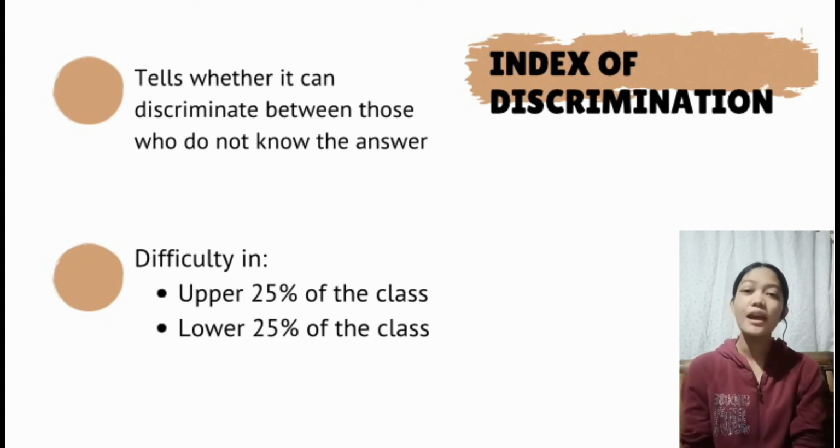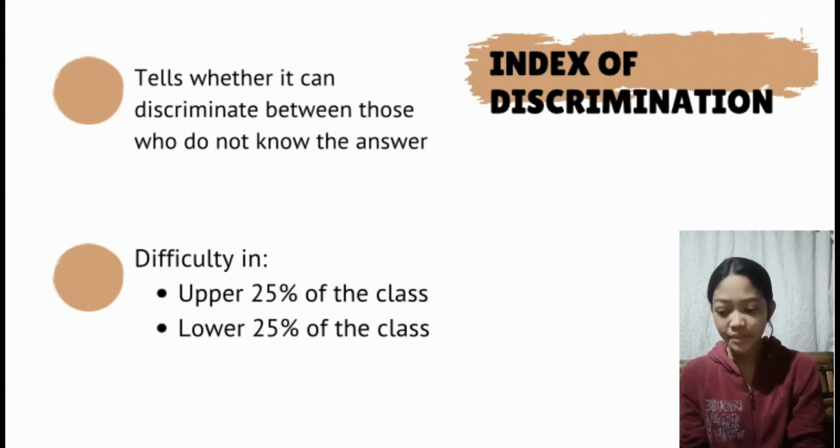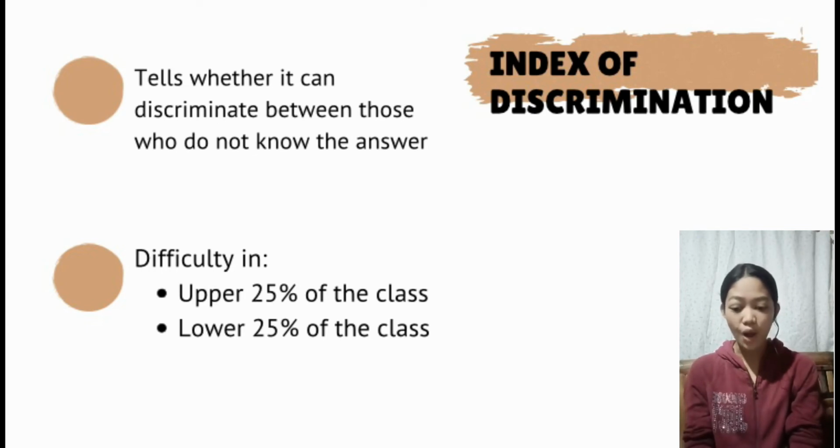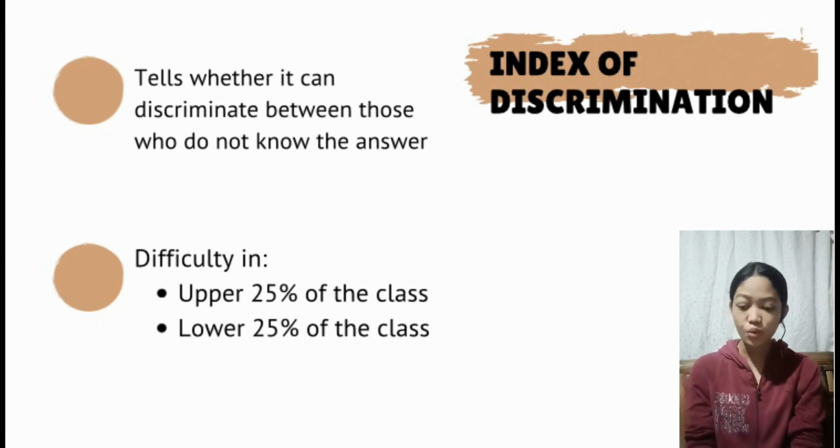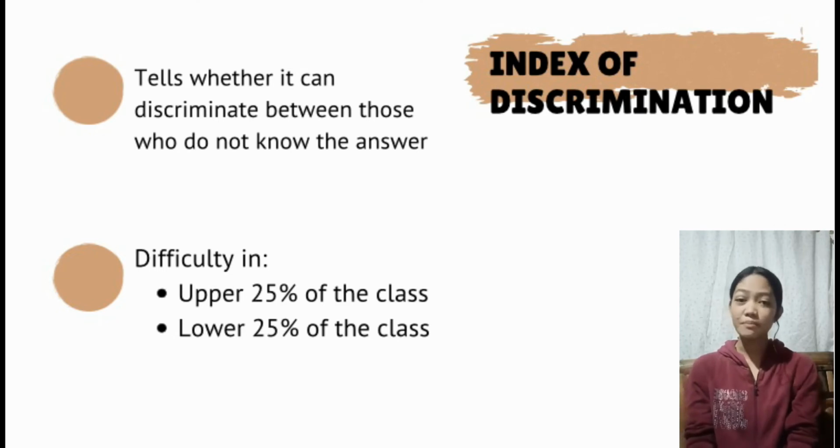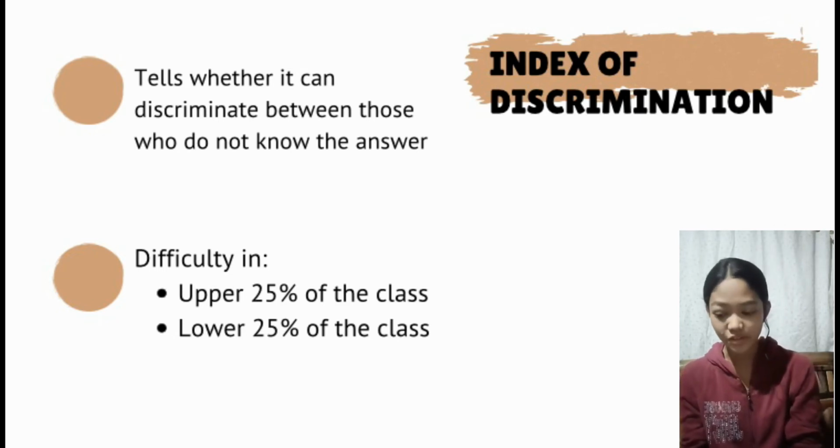And then, index of discrimination is a measure of how well an item is able to distinguish between examinees who are knowledgeable and those who are not, or between masters and non-masters.